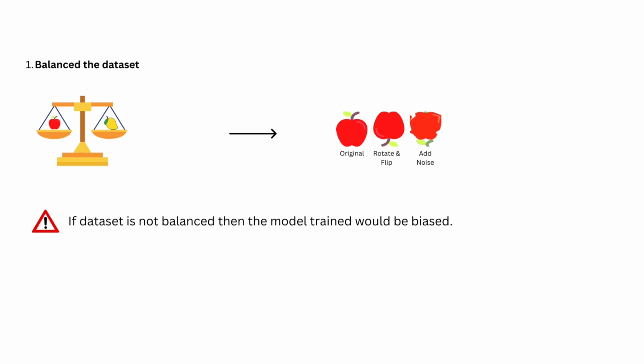If the dataset is not balanced, then the model trained would be biased towards one class. Second is the data quality, in which the data should be clear, it should be updated, there should be variety in the data, and it should be noise free.